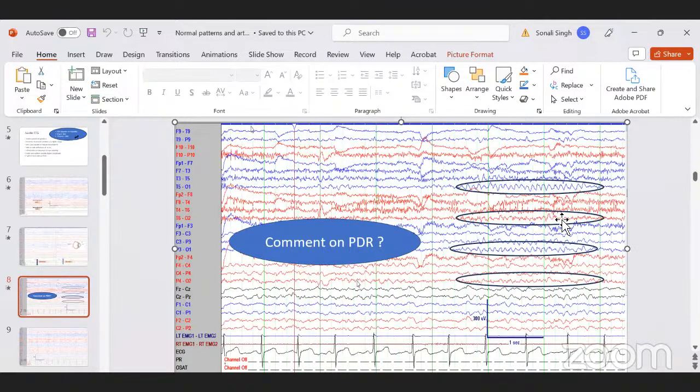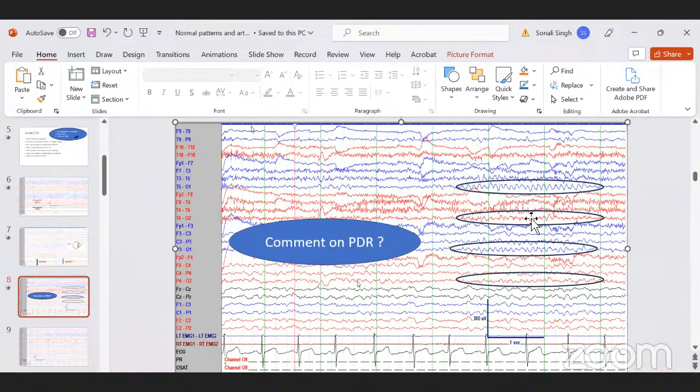And usually if we have a destructive lesion, like a gliotic lesion, old insult sequelae or something, the background on that side appears to be slower, and amplitude wise, they tend to have lower voltage. So this should alert us to something going on on the right side.